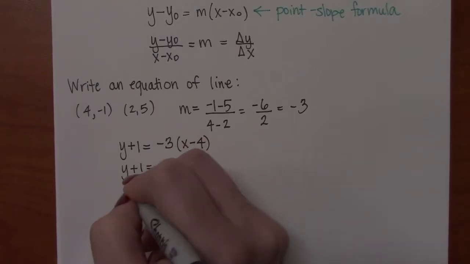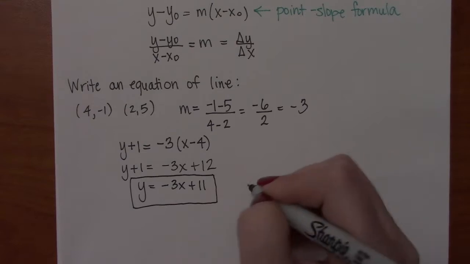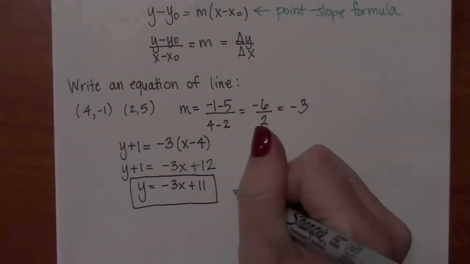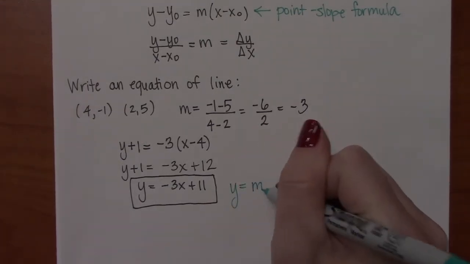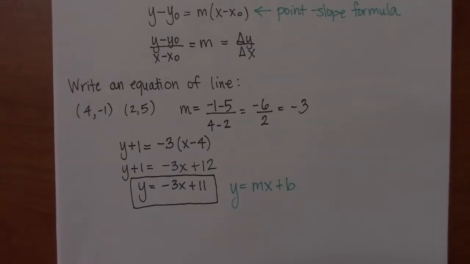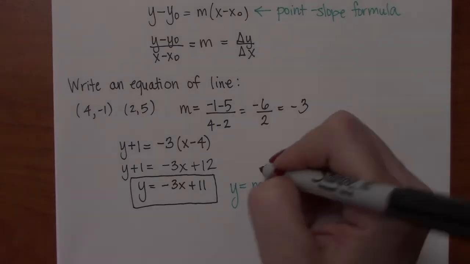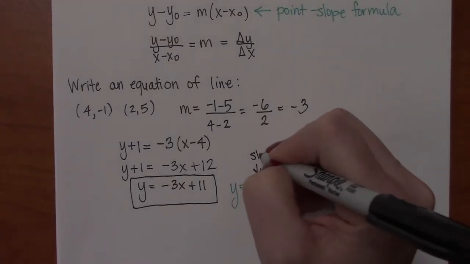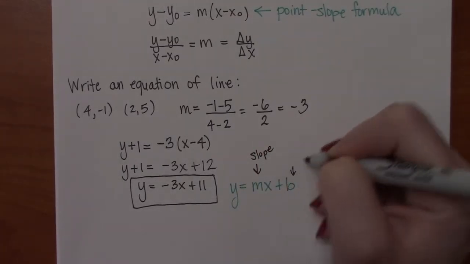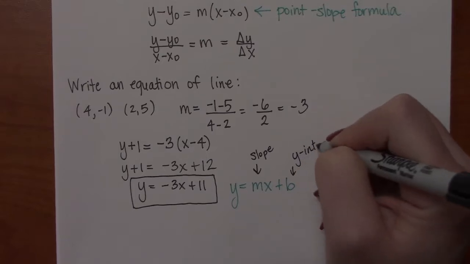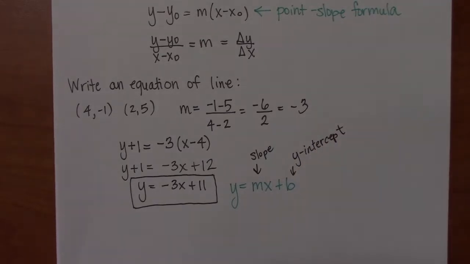And so now we have the equation of a line in the form mx plus b. So m, right, was just the slope, and b is the y-intercept.